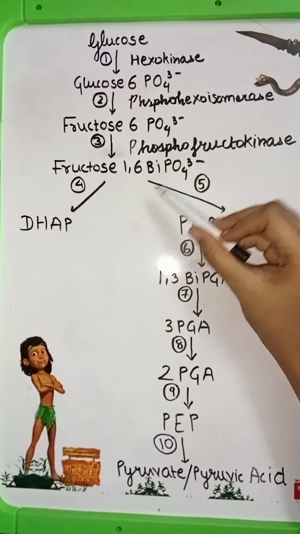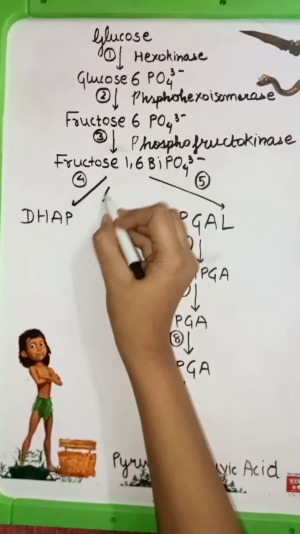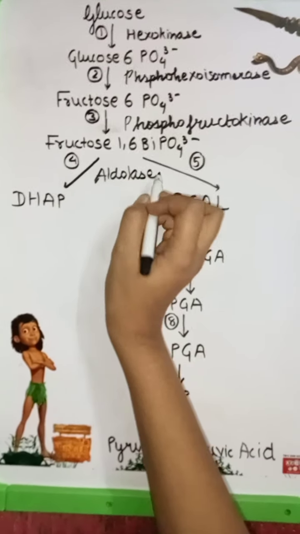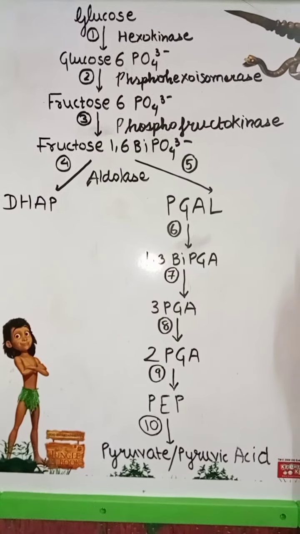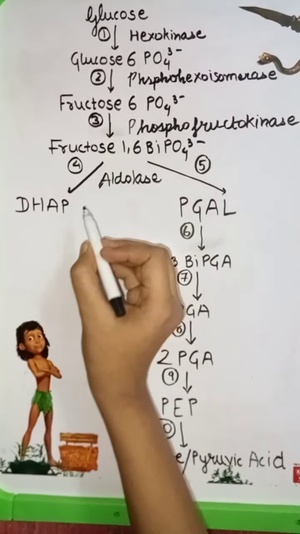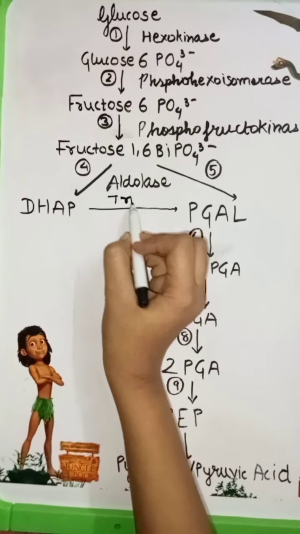Now here it undergoes the splitting. So for splitting, the enzyme is aldolase. Now for DHAP to PGAL, the enzyme is triose isomerase.